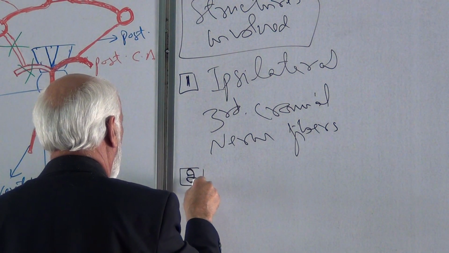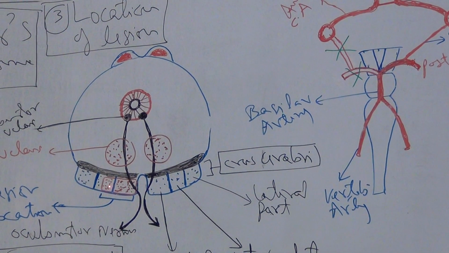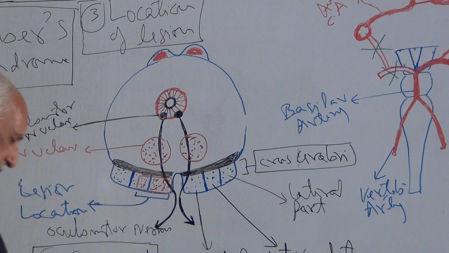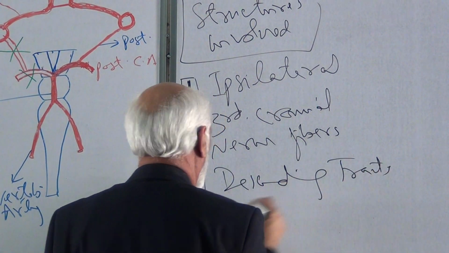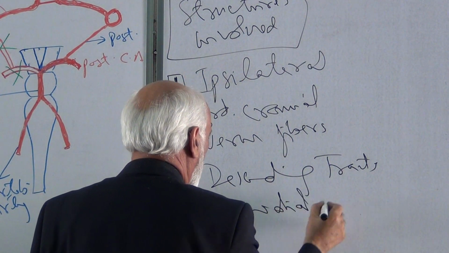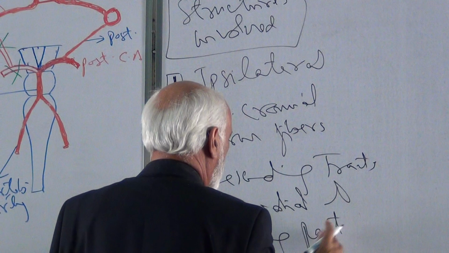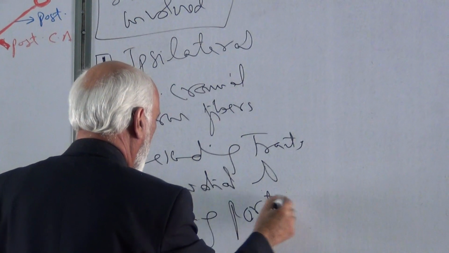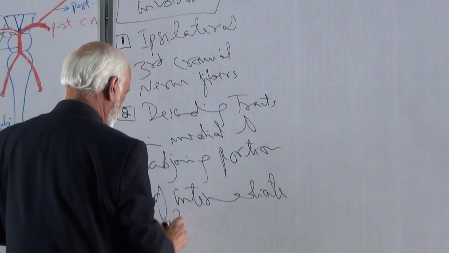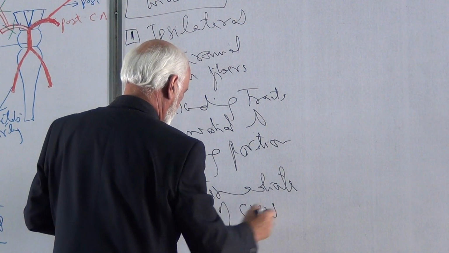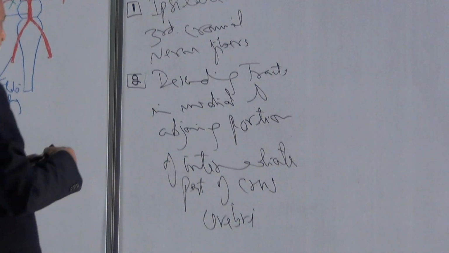Number two, it will also involve the descending tracts which pass through the medial part and adjoining portion of the intermediate part of the crus cerebri. So it will involve tracts.